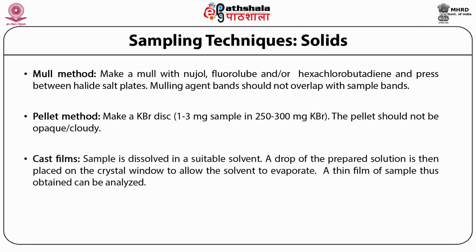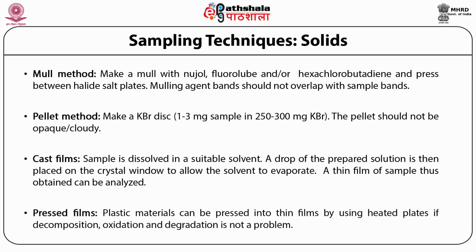A drop of the prepared solution is then placed on the crystal window to allow the solvent to evaporate. A thin film of sample thus obtained can be analyzed. Pressed films. Plastic materials can be pressed into thin films by using heated plates if decomposition, oxidation, and degradation is not a problem.